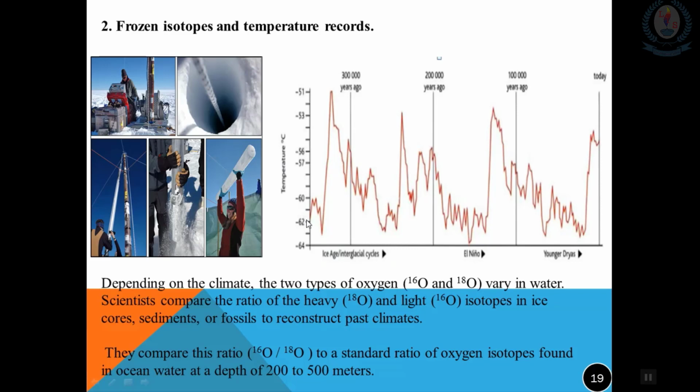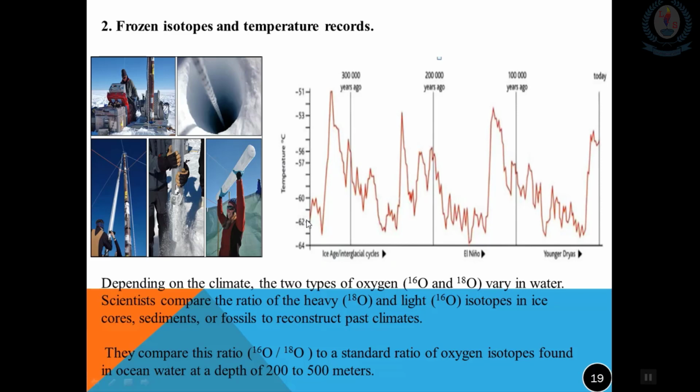Oxygen has 8 protons and 8 neutrons in the nucleus, and most oxygen molecules have an atomic mass of 16. A very small percentage of oxygen exists with 8 protons and 10 neutrons with an atomic mass of 18. So, oxygen 18 and oxygen 16 are isotopes of oxygen, and they are often referred to as heavy and light isotopes respectively.